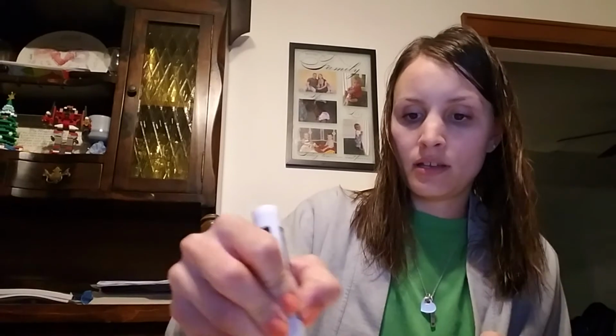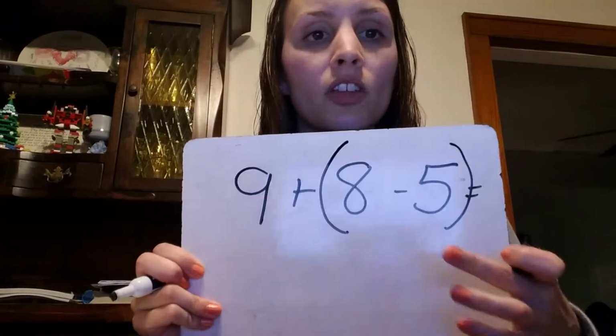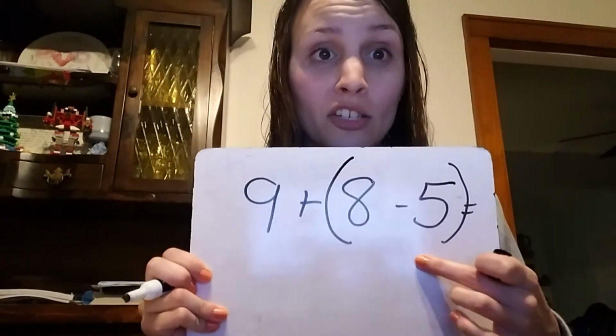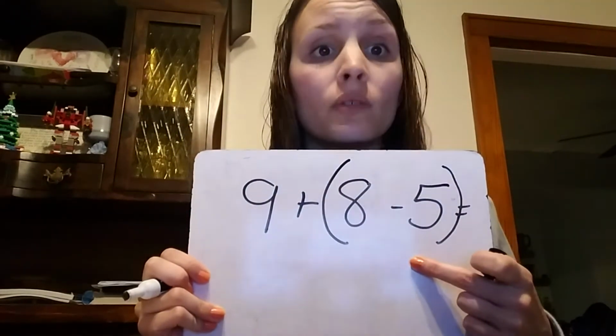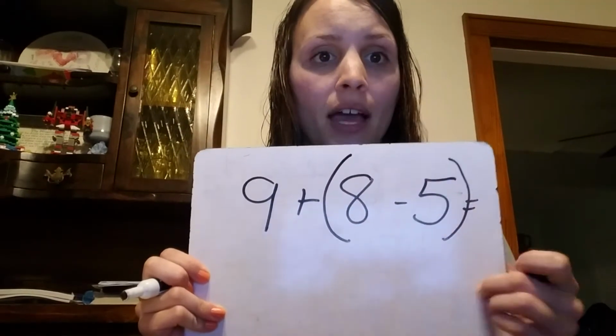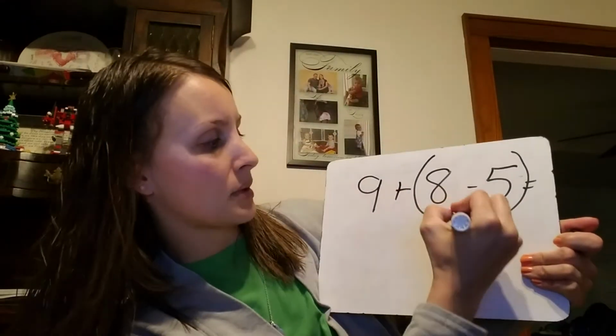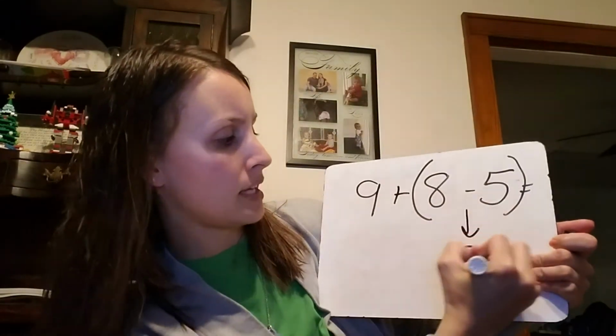All right, let's do another one. So this time I'm going to do 9 plus 8 minus 5. Got to put my parentheses in. All right, so even though this is the second part of my equation, it's in parentheses, so I have to do it first. So 8 minus 5 is 3. So I'm going to bring my 3 down.